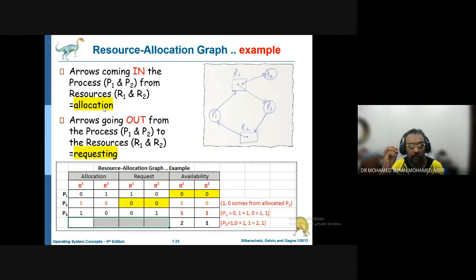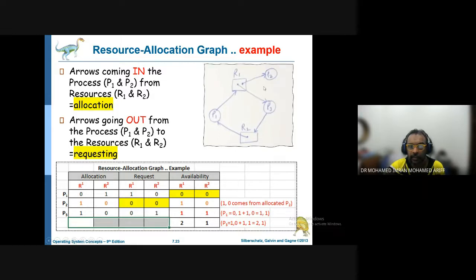If you have an arrow coming into the process, it means the resource is being allocated to the process. Itu yang pertama. Yang kedua, if you have arrows coming out of the process. Here, P1 is coming out, P3 is coming out, P2 is not coming out.